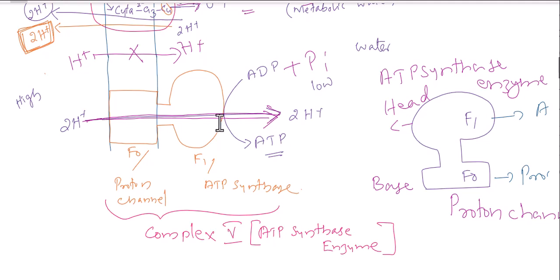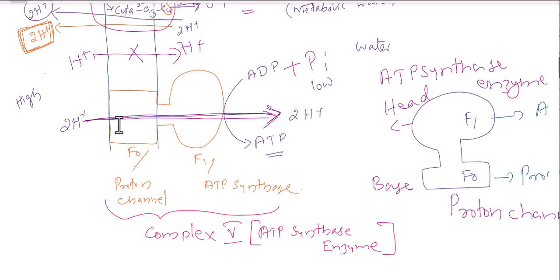When the flow of protons occurs through here, the head region gets activated, or a structural change occurs in that enzyme, which leads to the formation of ATP from ADP and inorganic phosphate. When the flow of protons stops, what will happen? The head region, or ATP synthase enzyme, gets inactivated. So the ATP synthesis stops.